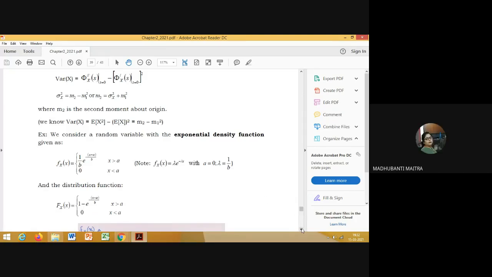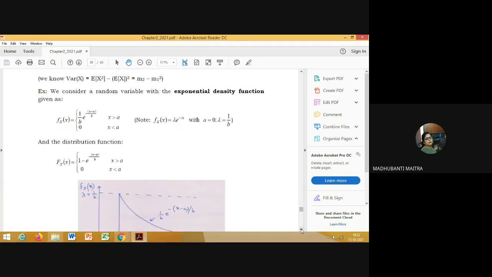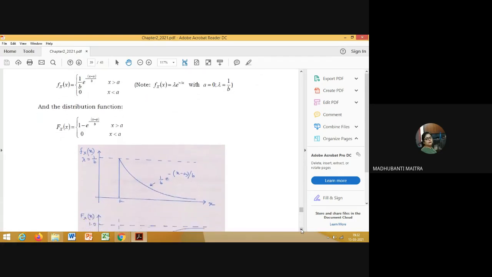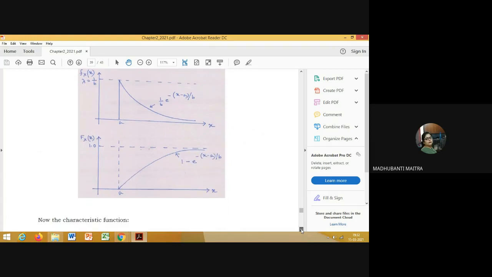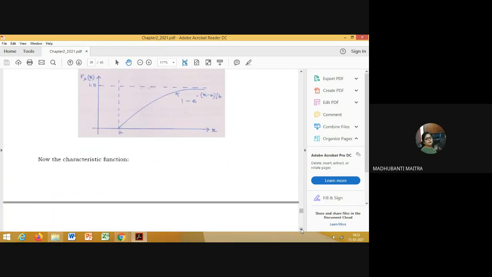All of you have done this. So this is the nature of the density function, and this is the nature of the distribution function. So now form the characteristic function.